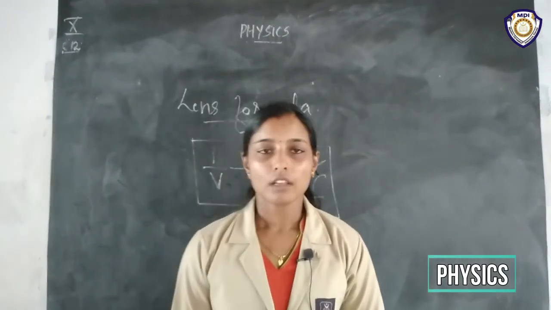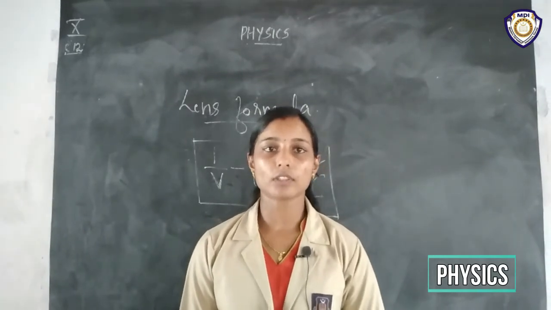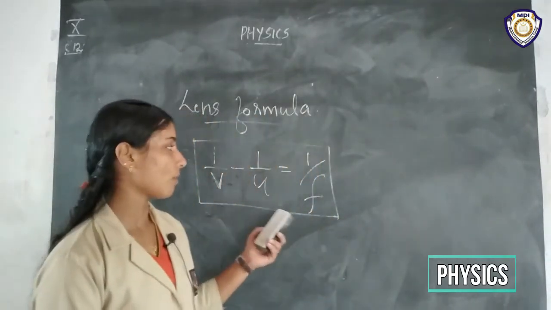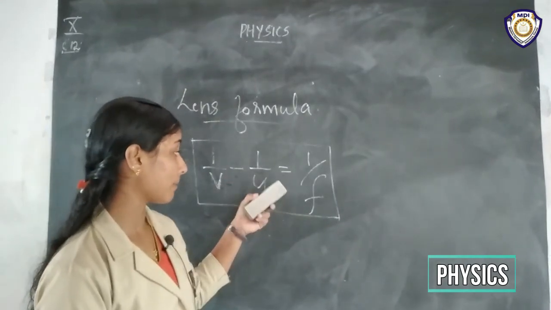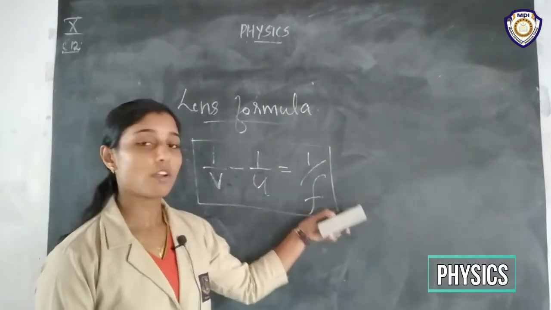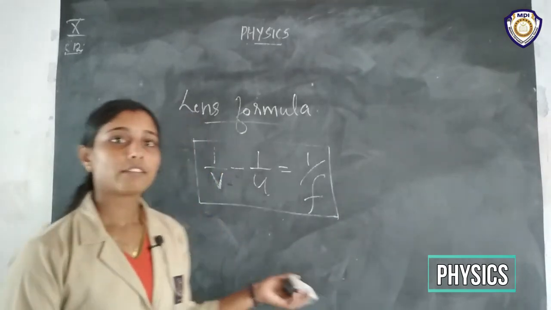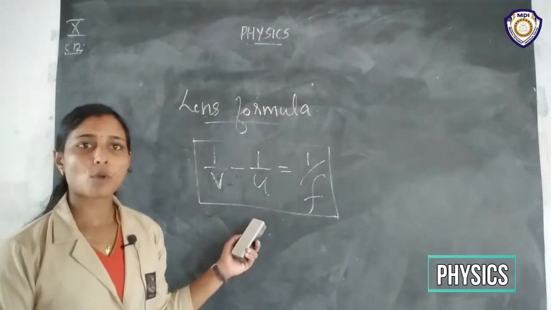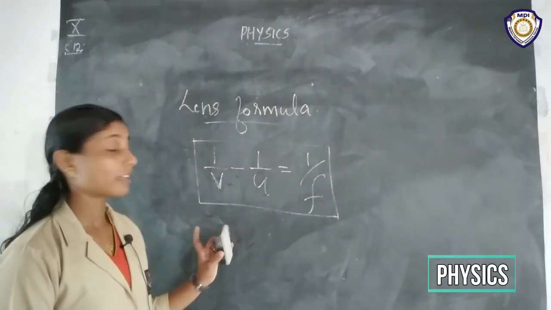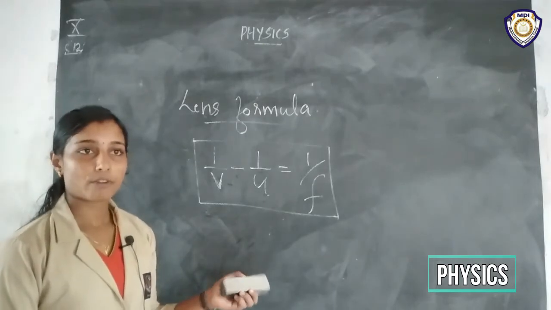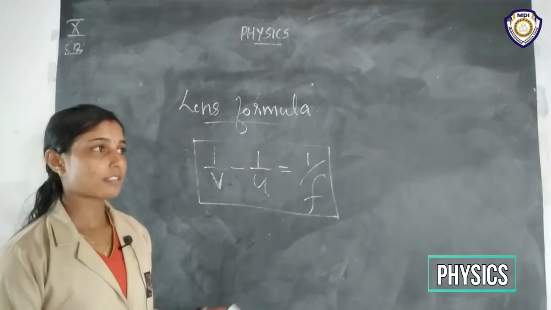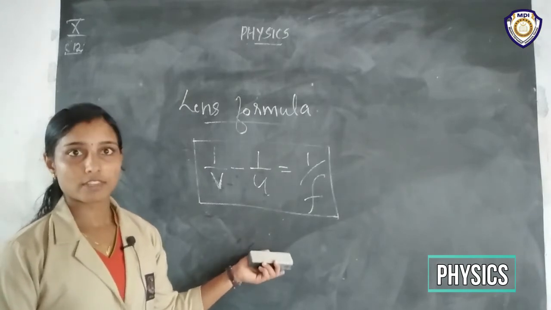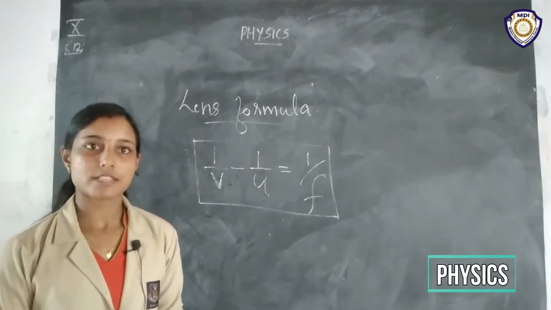And we have to know how to apply this lens formula to find the object distance, image distance, or focal length, just like we did some problems relating to the mirror formula. From the mirror formula, we can get the image distance or object distance, and from magnification, we can explain the nature and size of the image.